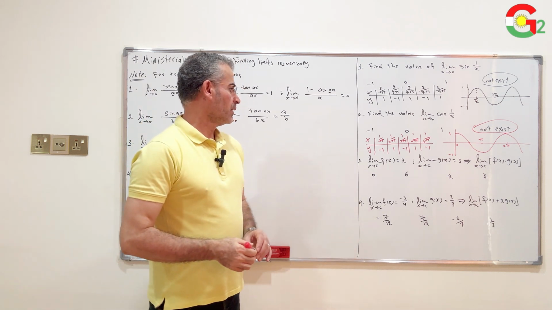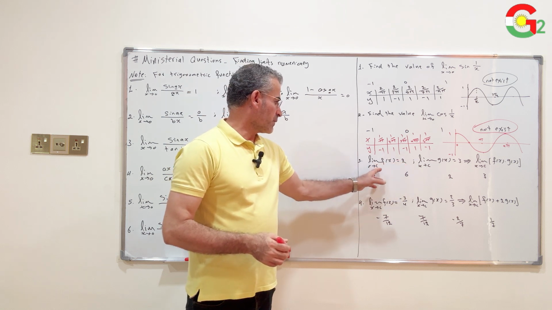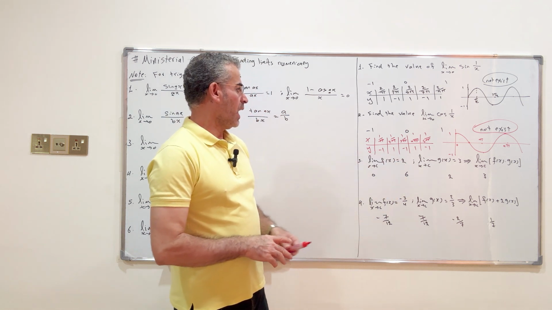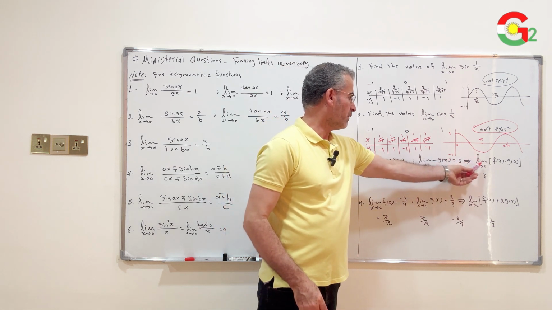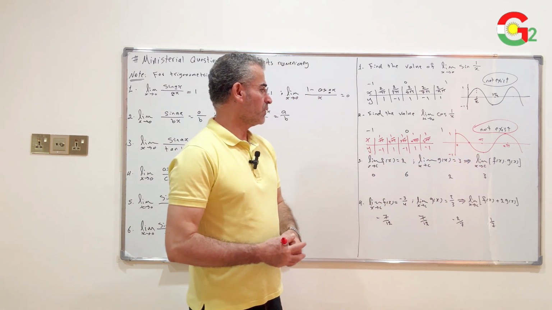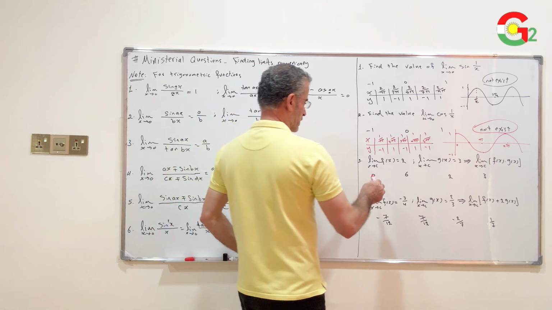Number 3. If the limit of f of x when x approaches c is 2 and the limit of g of x when x approaches c is 3, then find the limit of the product of f of x and g of x when x approaches c.